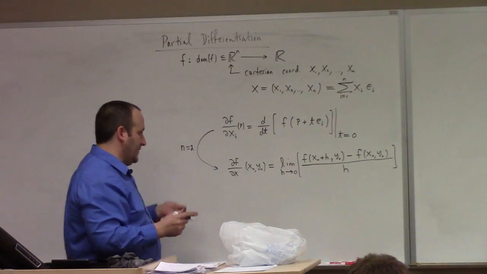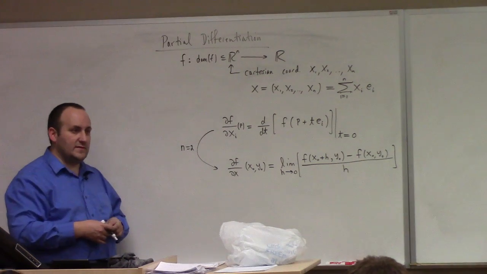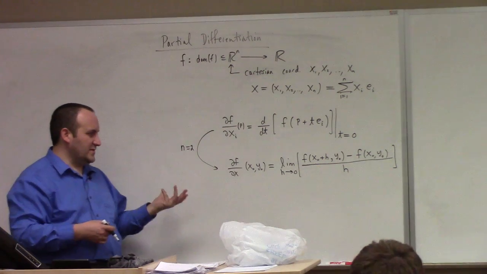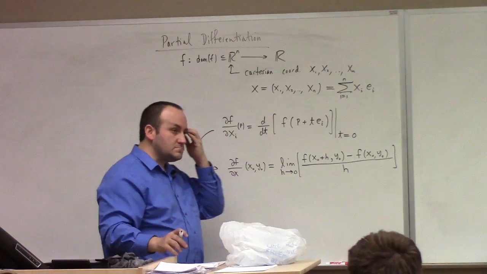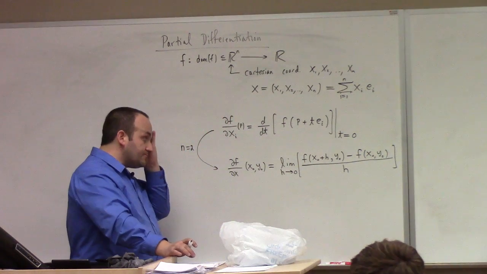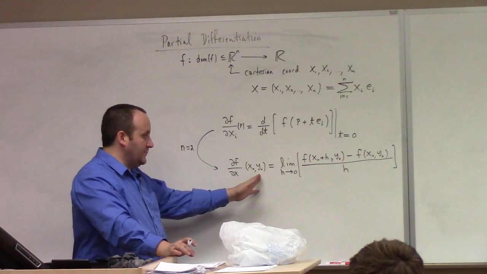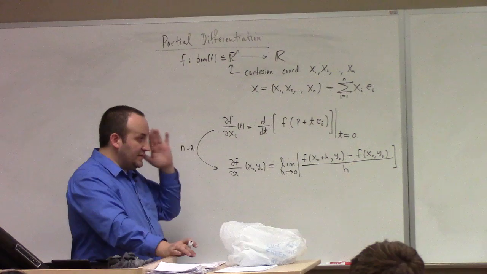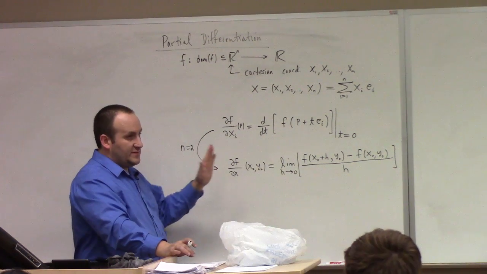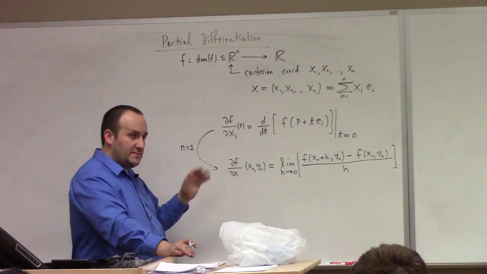So this is the partial derivative of f with respect to x. You can kind of see what's going on in this definition. The y variable is fixed at y0. It doesn't change in the difference, so we're really just studying the change in the first variable.